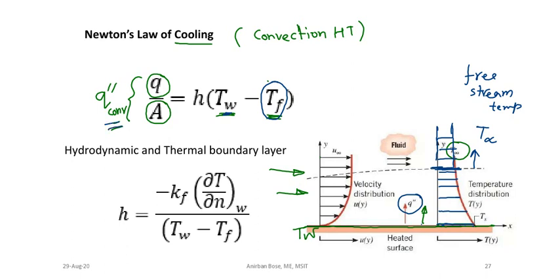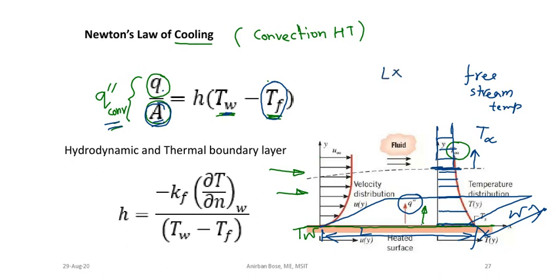Which is basically the rate of heat transferred divided by area. What is this area? This area is basically the area of the plate. Here you can see this is the length of the plate, and if you consider it's a rectangular plate, suppose the width is W, then this length into width will be the area of the plate.